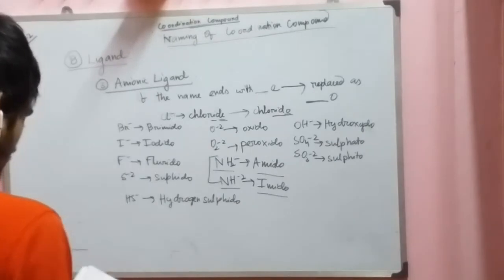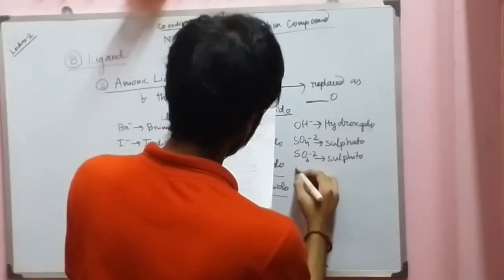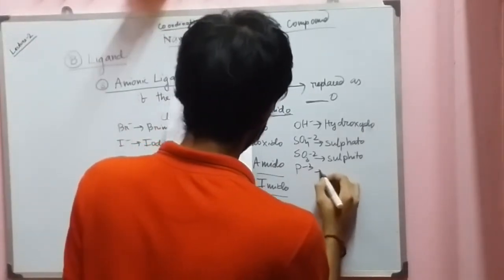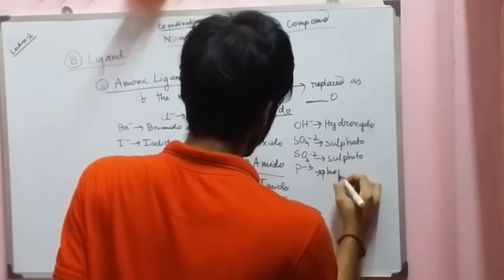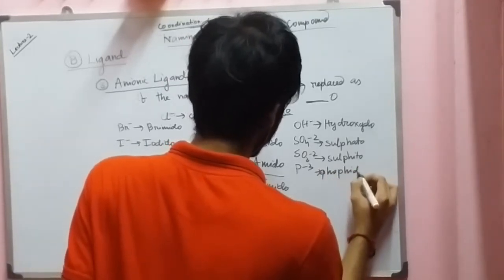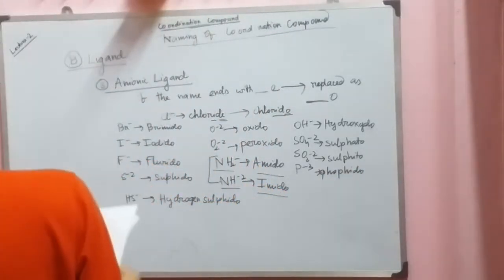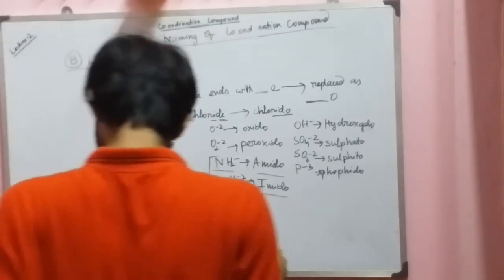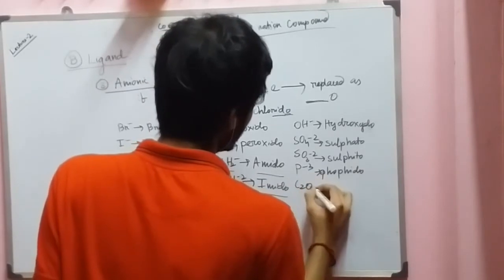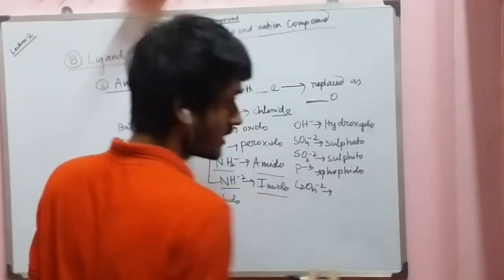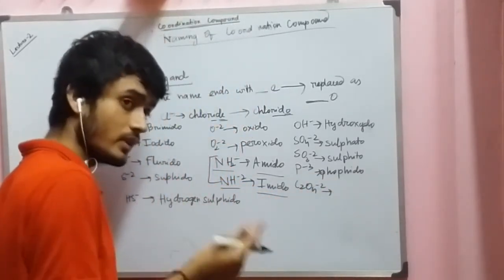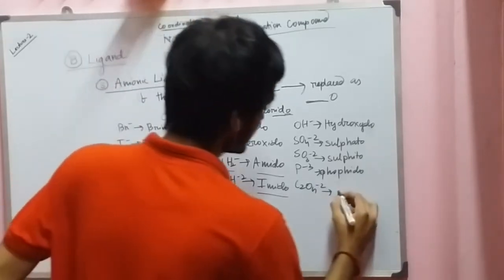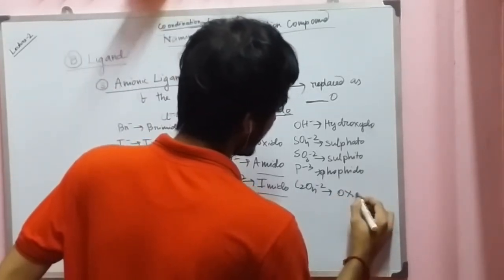Okay, then P 3 minus is phosphido. Then C2O4 2 minus is the oxalate ion. I have given that example before. This is named as oxalato.